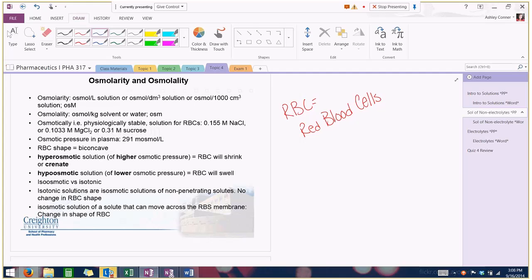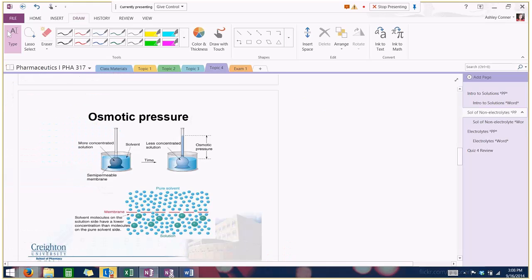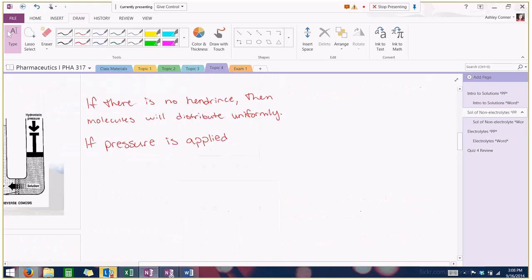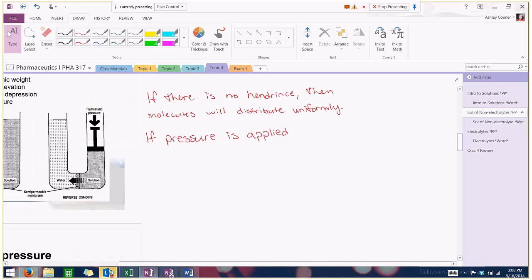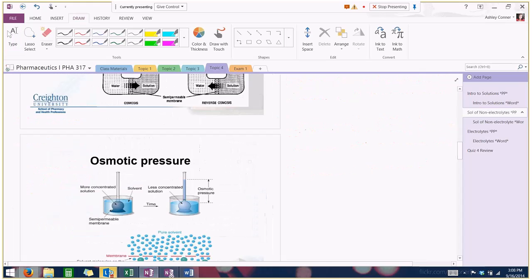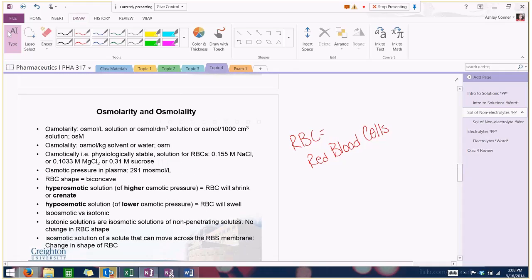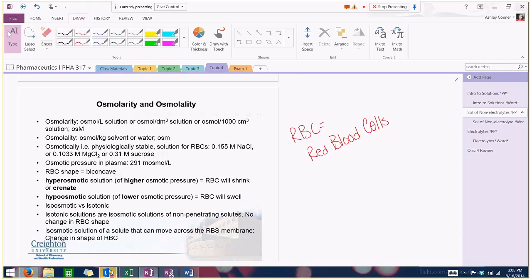So is there anything that you think I missed, Joe, or anything you want to throw in there? I think just for clarification, hyperosmotic and hypertonic and hypoosmotic and hypotonic have the same result but for different reasoning. Yes, that is very true. Do you want to explain that, or do you want me to explain that? If it's hyperosmotic, that means the water pressure is different on the inside of the cell versus the outside of the cell.